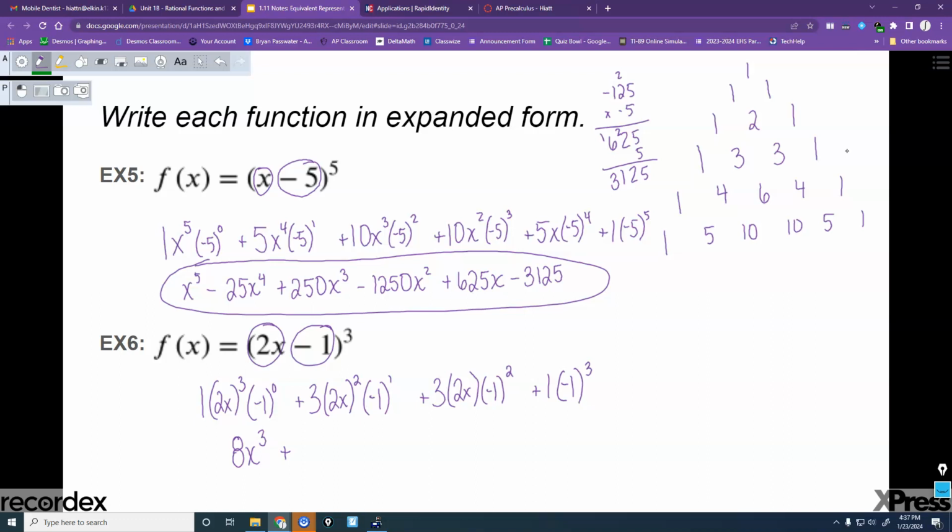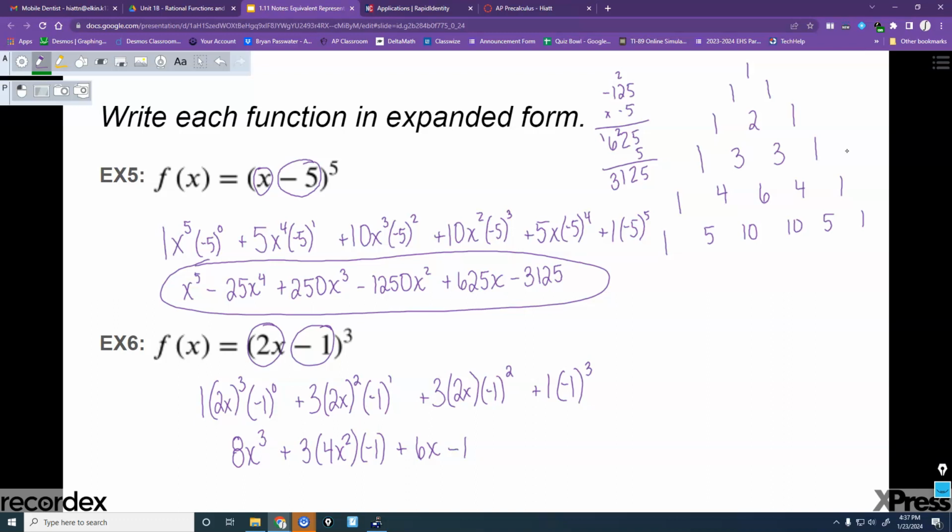Right here, you're going to have 3 times 4x squared times negative 1. And then here, negative 1 squared is positive 1, so this is just going to be 6x for this part. And then negative 1 to the third is negative 1, so you'll end up with a minus 1 here.